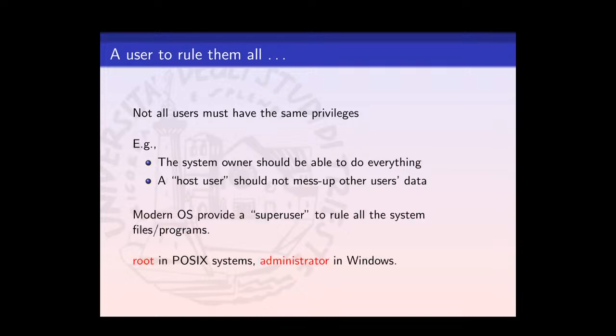Of course, modern operating systems give everyone who installs the system the chance to be a super user, and in POSIX systems the super user is usually called root. We saw it yesterday, I think. We were talking about the content of the root directory, and we noticed that all the directories in the root directory are owned by a user named root.